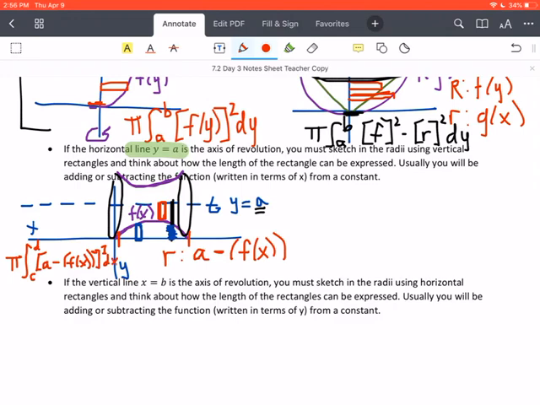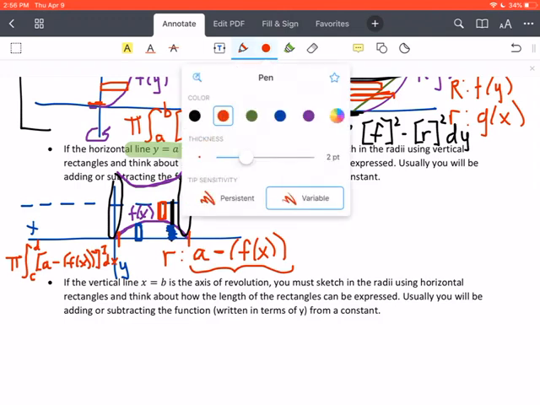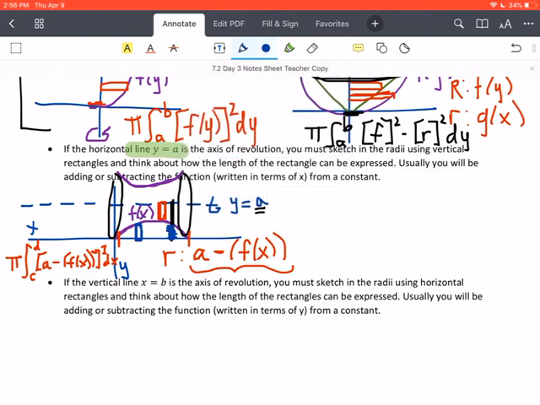Okay, so the radius has to go in brackets and you square it. Now, don't just memorize that it's always going to be the constant minus, because sometimes it might be the constant plus, and we'll see that here in a little bit. So you have to draw the picture and you have to think about what makes sense. Okay, some people don't like that because it's not as procedural as we're comfortable with.